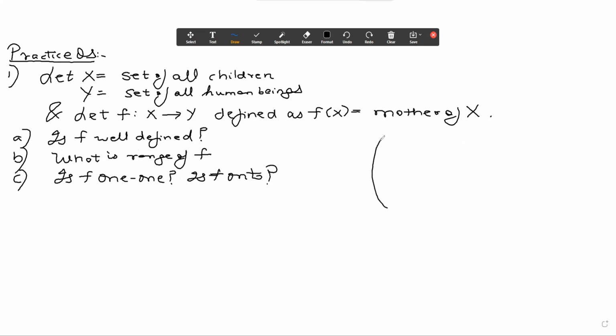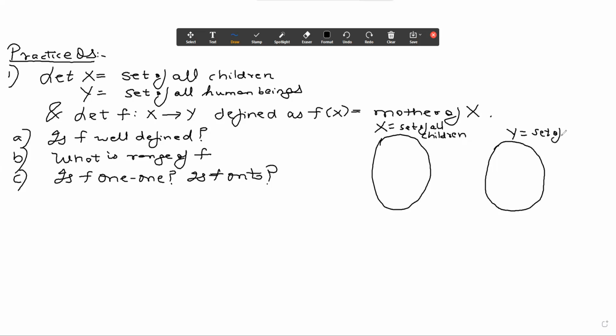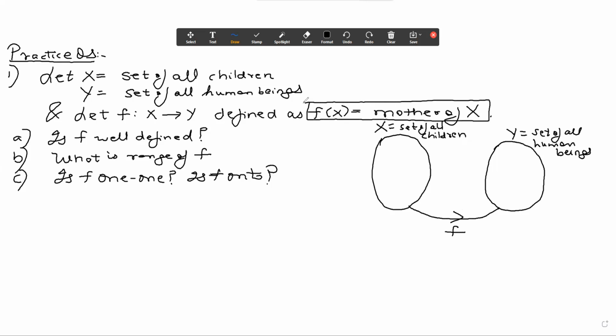So guys, if I just picturize it, what does x denote? Set of all children. Y denotes the set of all human beings. And f is a function which maps x to y such that f of x is nothing but the mother of x. Now guys, is f a well-defined function or not?